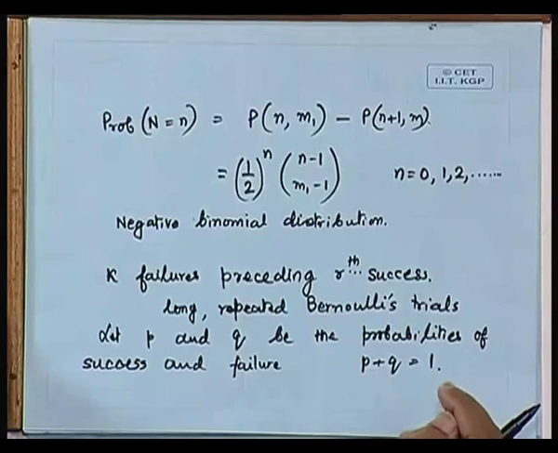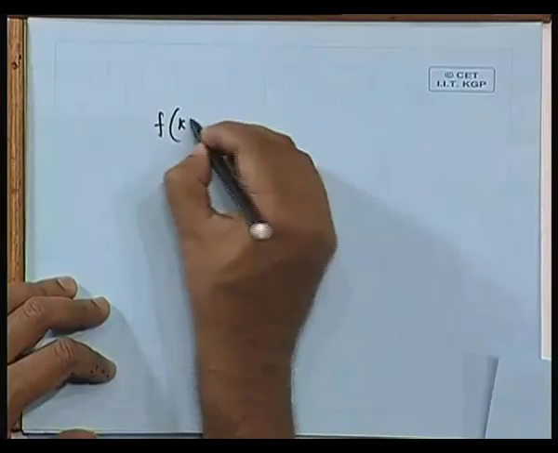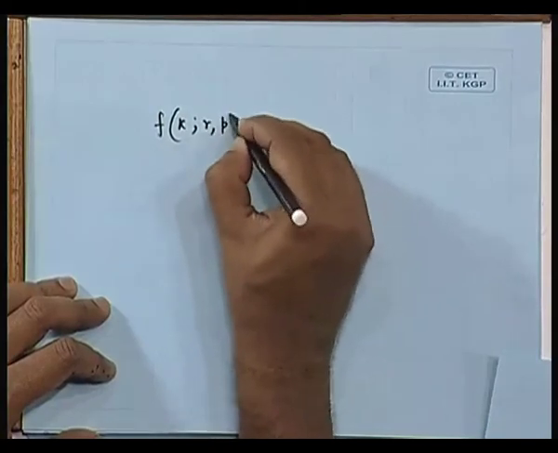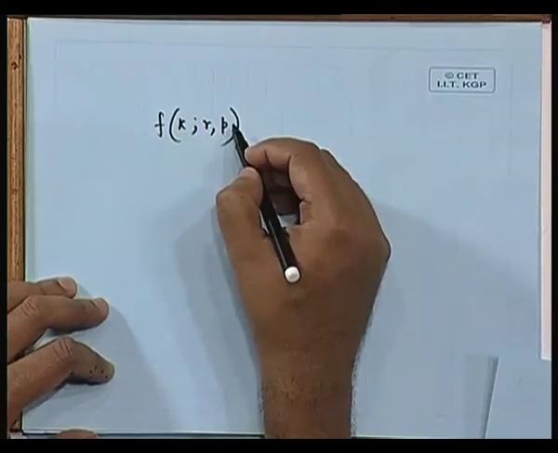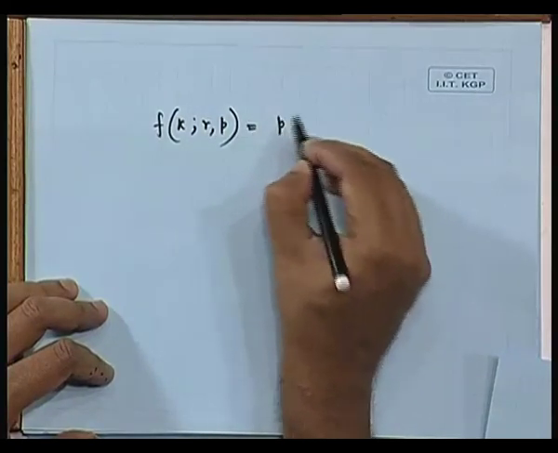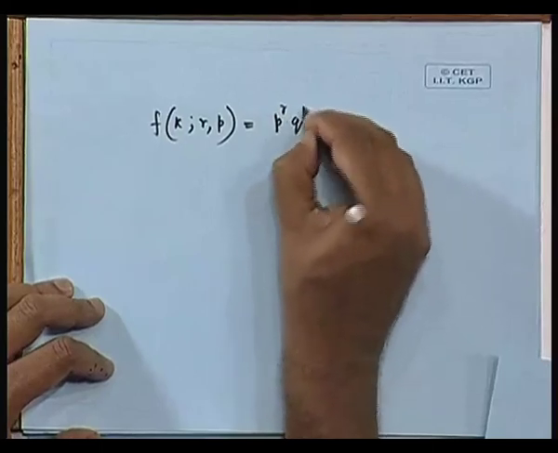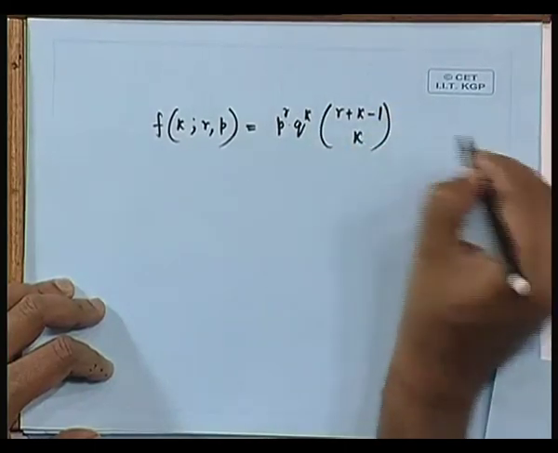In this trial of experiments, the negative binomial distribution is defined as f of k, r comma p, where k is the number of failures, r is the rth success, and p is the probability of success. The distribution is given by p to the power r, q to the power k, and the combination of r plus k minus 1 choose k.